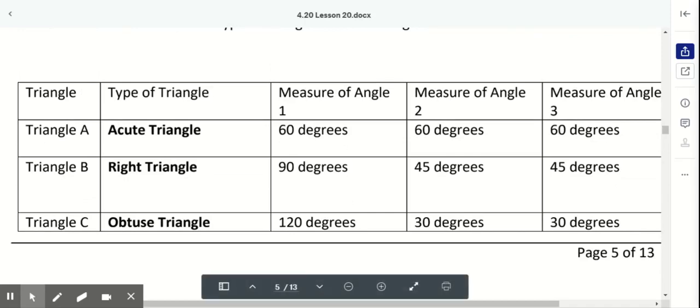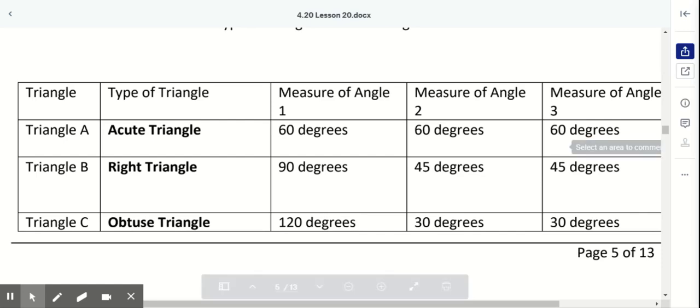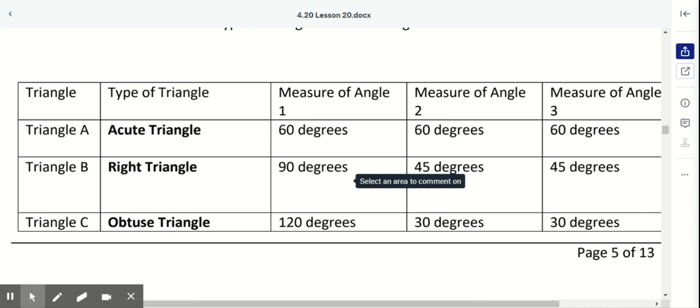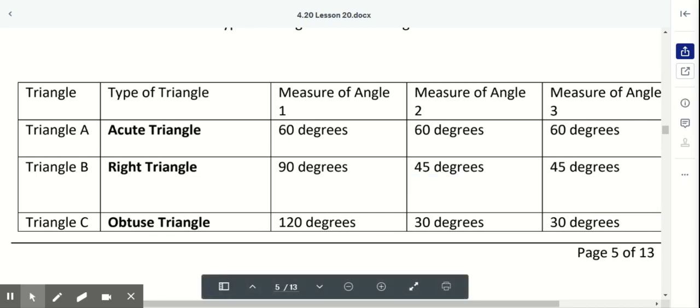So if we add up every angle in every triangle, it's 180 degrees. 60 times 3 is 180. 45 plus 45 is 90, plus 90 is 180. 60 plus 120 is 180 degrees.